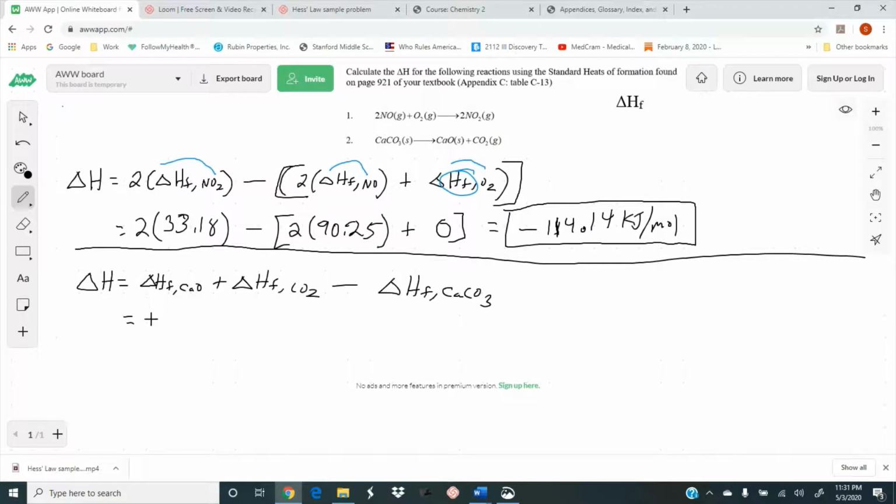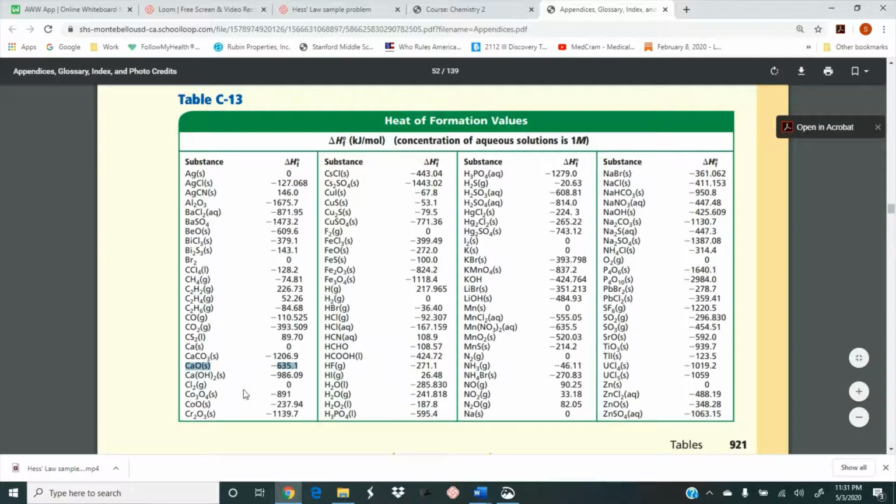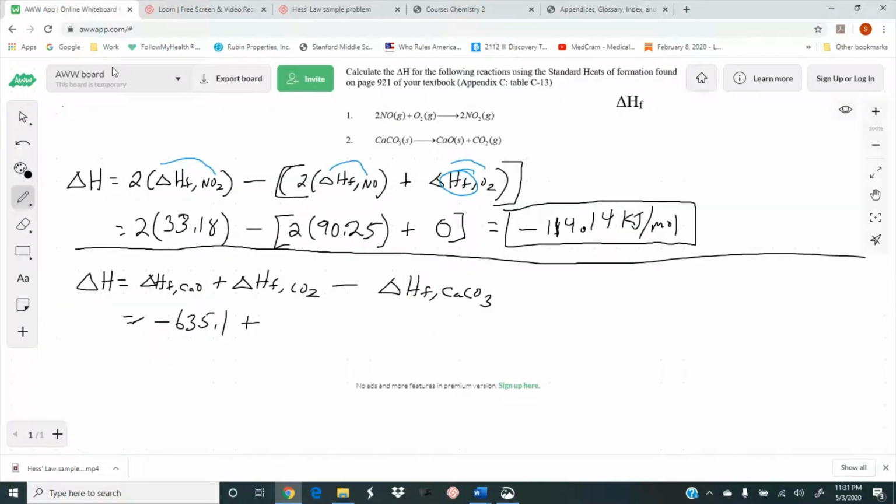So calcium oxide, negative 635.1, plus now the heat of formation of carbon dioxide. Where's carbon dioxide? Above it a little bit, all these in the first column. Negative 393.5.